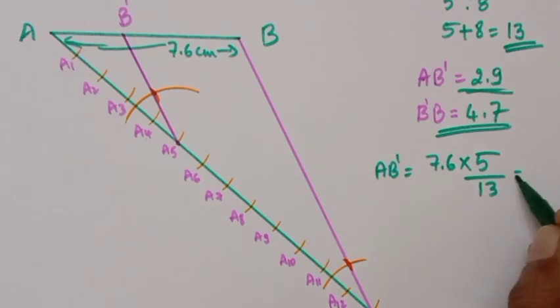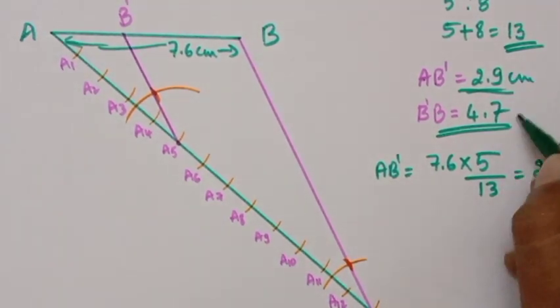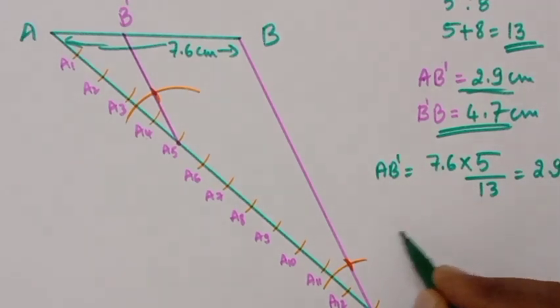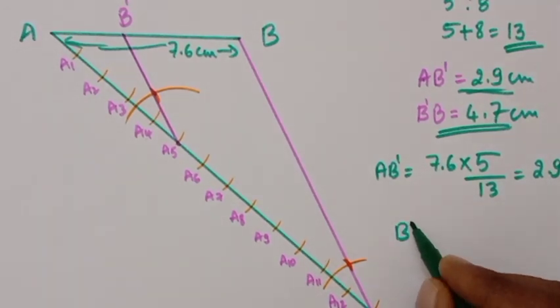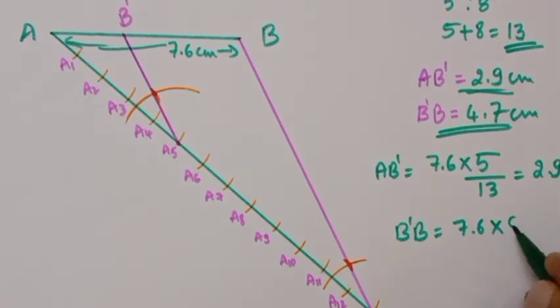After simple calculation, you will get 2.9 centimeter. And here B dash B is equal to 7.6 into 8 parts divided by 13, we will get 4.67, which is nearly equal to 4.7 centimeter.